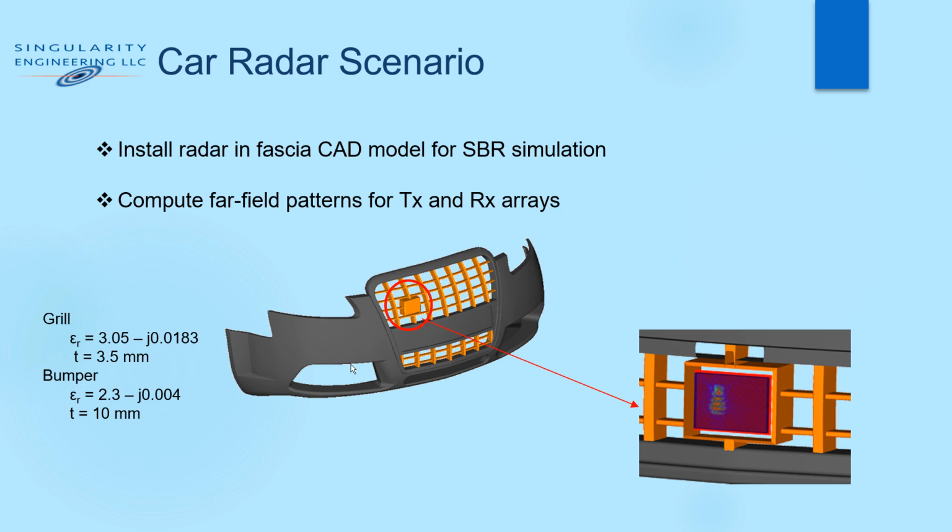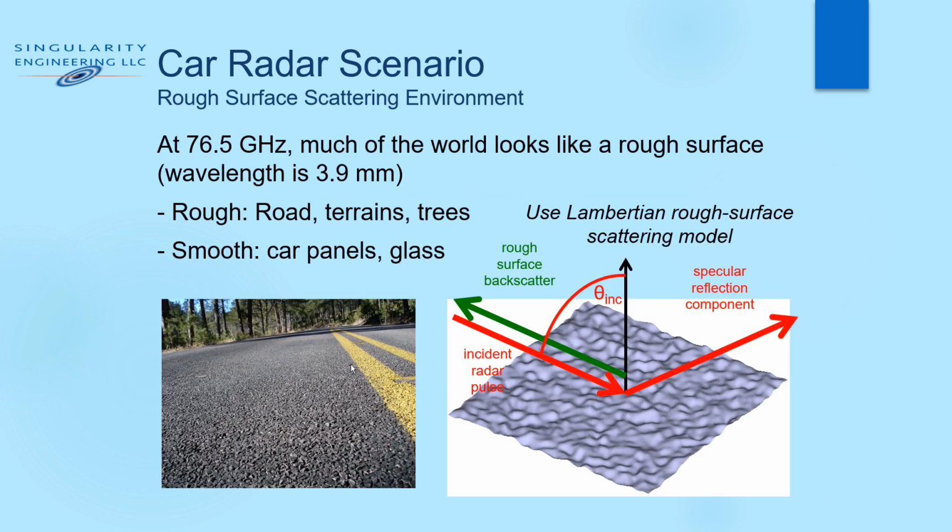So now we have this car radar, and we mount it at the fascia, and we also have this rough surface scattering environment. There will be reflection from the road.